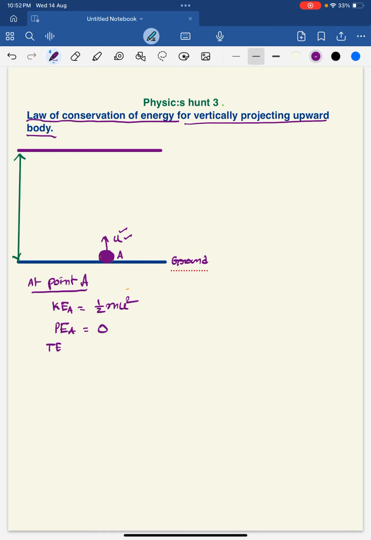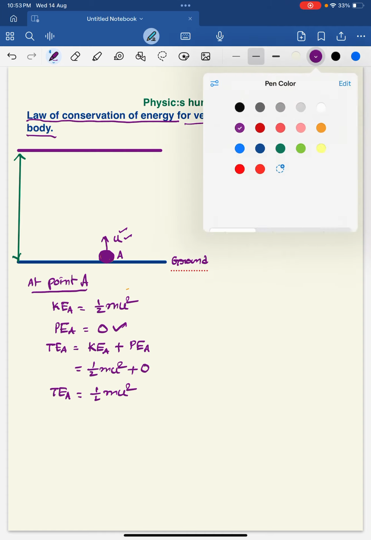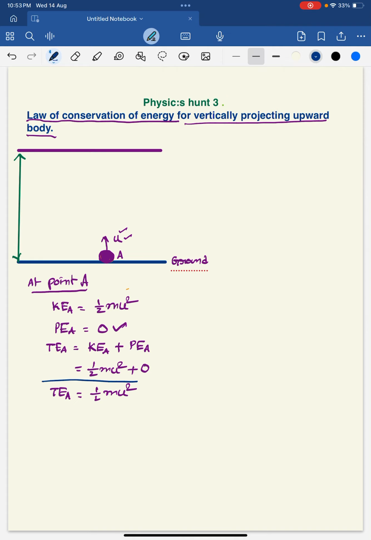So total energy at point A is the sum of kinetic energy at point A plus potential energy at point A, which is half mu square plus 0. Therefore, total energy at point A is equal to half mu square.